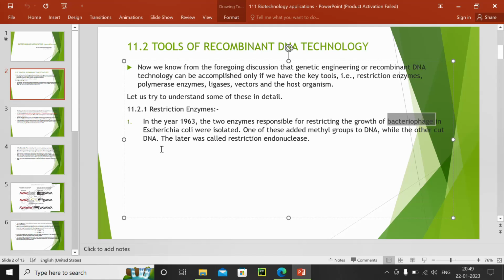The latter was called restriction endonuclease. Endo means inside and nuclease means which is used to cut the DNA molecules. So inside the DNA molecules it cuts the DNA and forms two different strands. Therefore, it is called a restriction endonuclease.